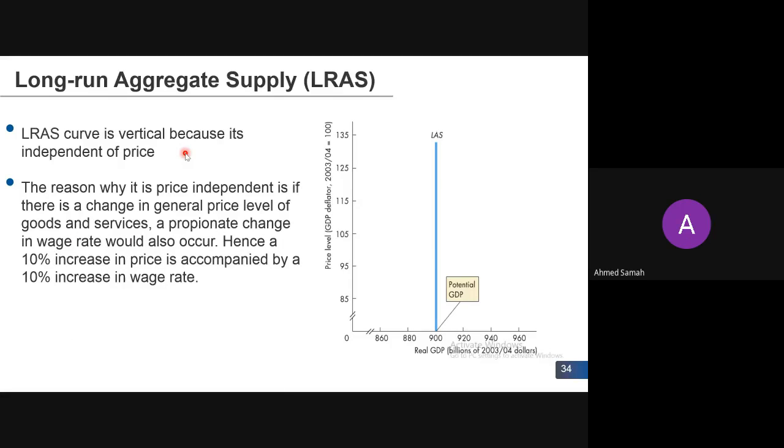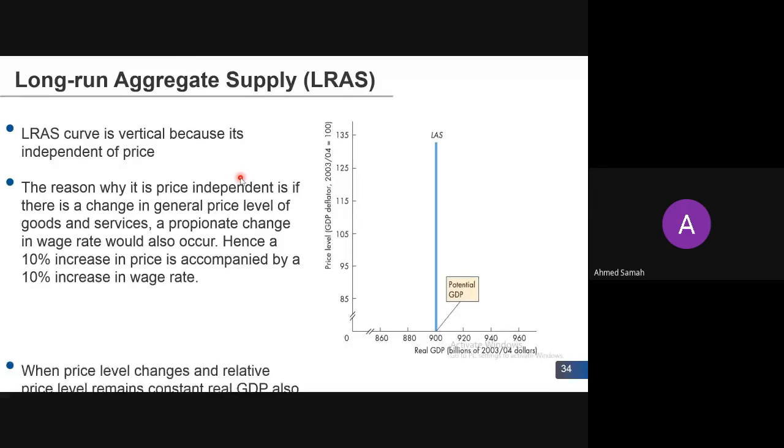The reason it is independent of the price is that if there is a change in the general price level of goods and services, a proportionate change in the wage rate will also occur. So in the long run, if there is an increase in the price level, there will be an equivalent increase in the wage rate.